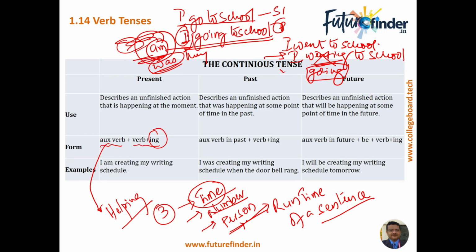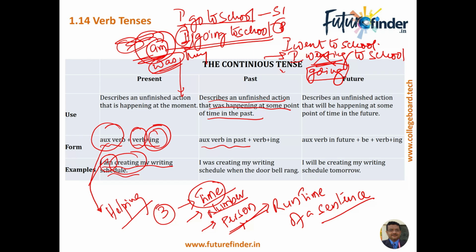So the present continuous tense, you have to write the auxiliary verb plus the verb plus ing. Example can be I am creating my writing schedule, and am is the auxiliary verb out here. Past describes an unfinished action that was happening at some point in time in the past. Again, auxiliary verb in the past, as I already mentioned, instead of am, it will become was, plus the verb.